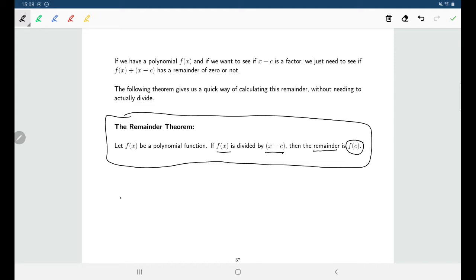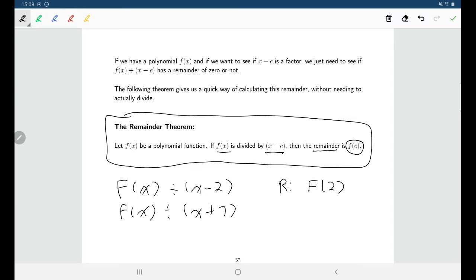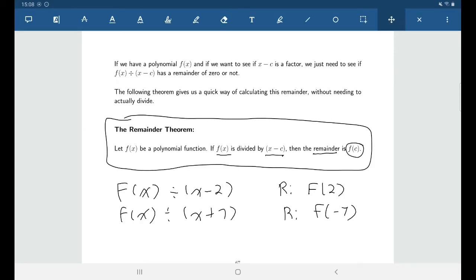So, for example, if you were to take f of x and divide it by x minus 2, the remainder that you would get should be whatever the value of f of 2 is. If you were to take f of x and divide it by x plus 7, the remainder should be whatever the value is at f of negative 7. So we don't actually have to do the division to find out what the remainder is. We just need to evaluate our function at that value of x.